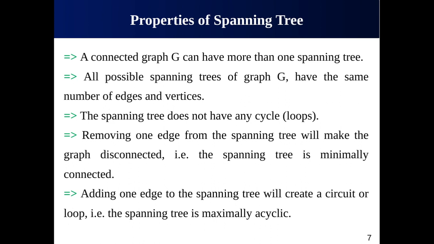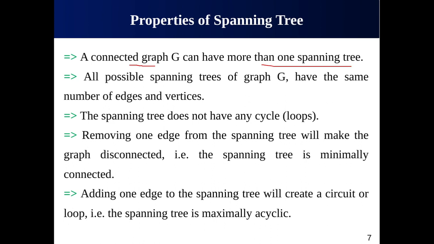We now understand that a graph which is connected and undirected can have more than one spanning tree. So it leads to some properties, and these properties are for a connected, undirected graph. The first property is that a connected graph can have more than one spanning tree, and we just saw it. That is the first property.